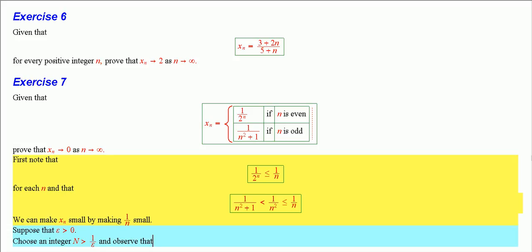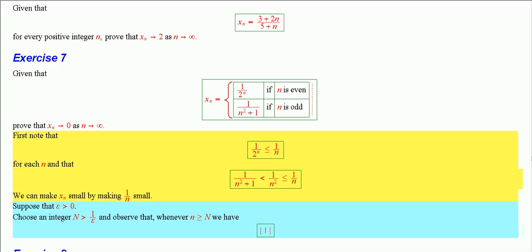that whenever n is greater than or equal to this big N, the distance between the number x sub n and 0 is never more than 1 over n. Isn't that right?